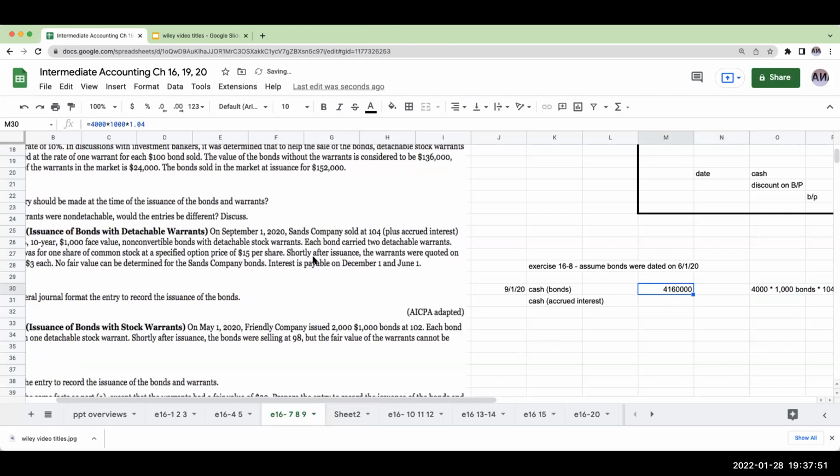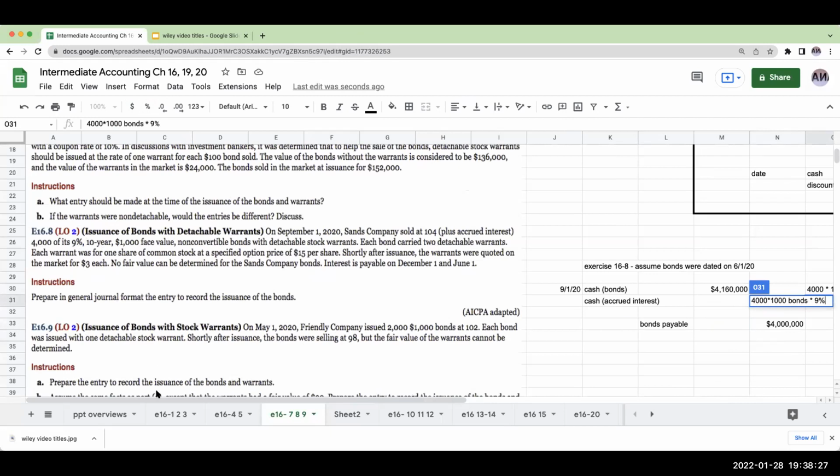So that's where this 4,160,000 is coming from. By the way, the bonds payable is always going to be shown at the face value. This is going to be 4,000 times 1,000, or right over here at 4 million. For the accrued interest, this is going to be 4,000 times 1,000 bonds. The bonds are 9%, but whenever we see an interest rate, it is always an annual rate.